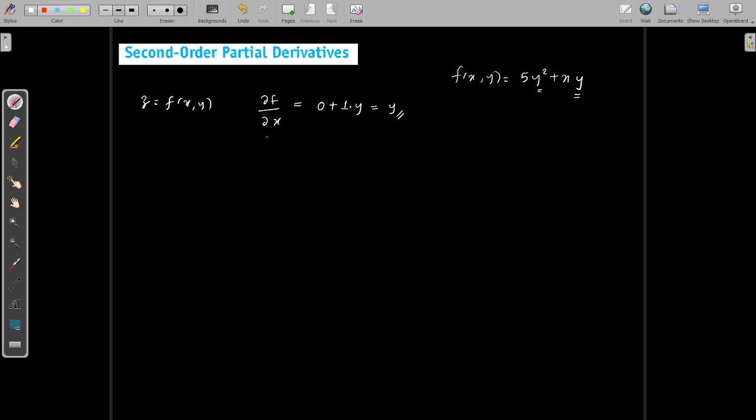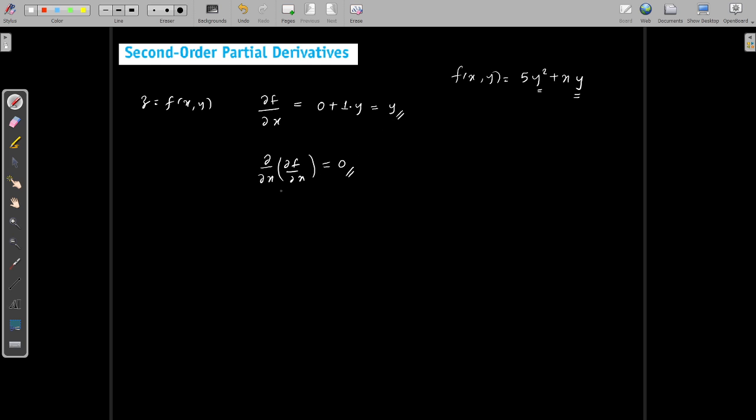Now if you need to differentiate this with respect to x again, you need to write d by dx of df by dx. If we differentiate this function with respect to x again, that will give 0, because there is no x in this expression, so this can be taken as a constant, and the derivative of that constant with respect to x is 0.